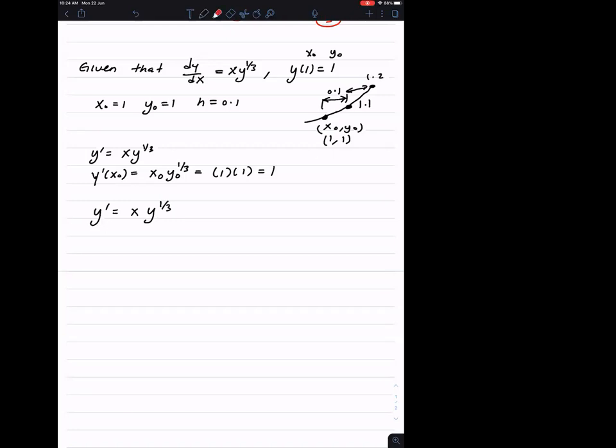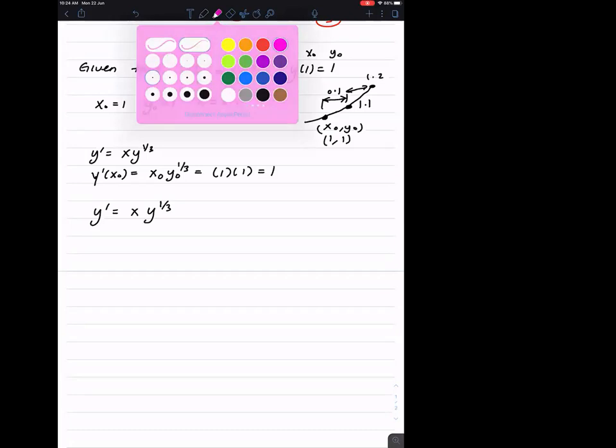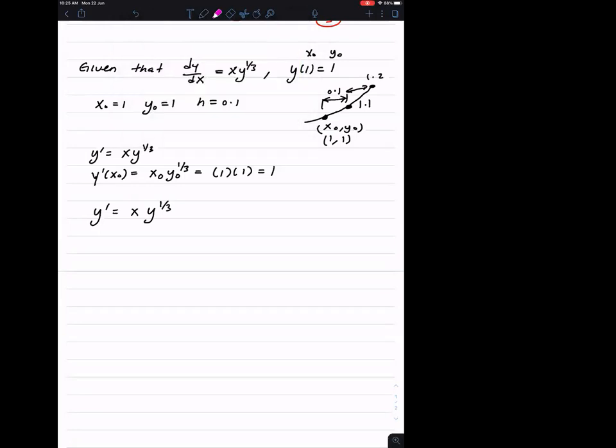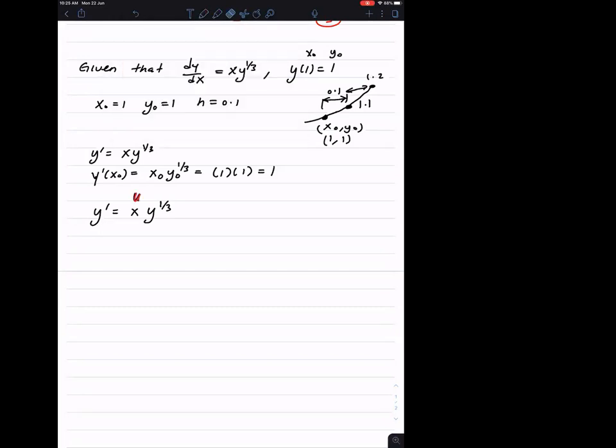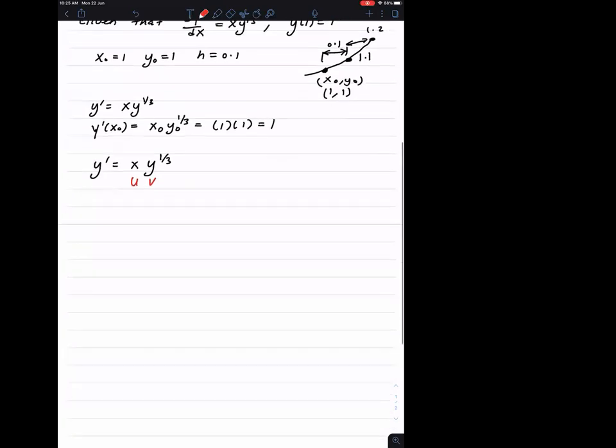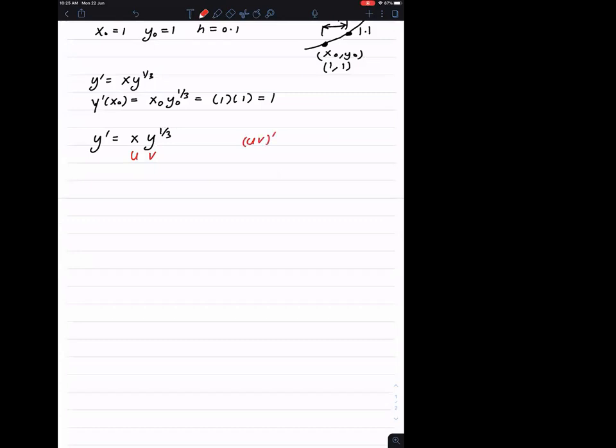For example, you apply the product rule. You call this U and V. The product rule: (UV) prime is U prime V plus U V prime.